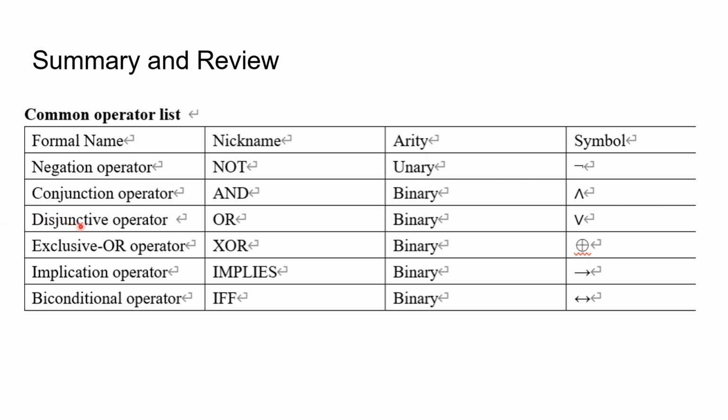Third, the disjunction operator, also called OR, is also a binary operator. Its symbol looks like this. Fourth, the exclusive OR operator, XOR. It's also a binary operator. It looks like a circle and a plus.